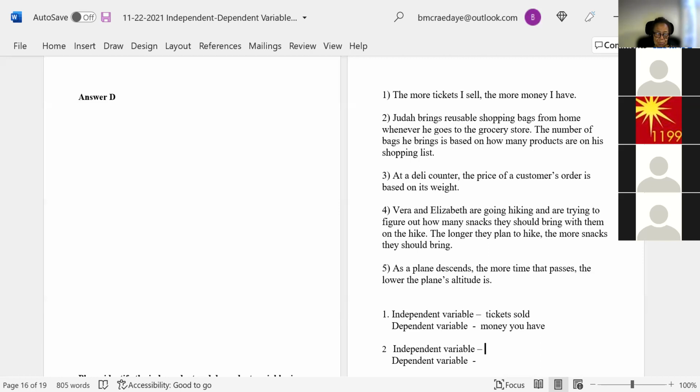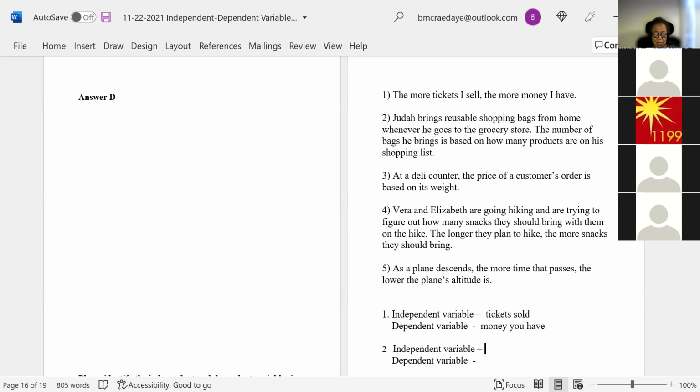Dependent is, oh, I see. The dependent is the groceries. I don't know if I'm reading it right. Which one is independent and which one is dependent variable?